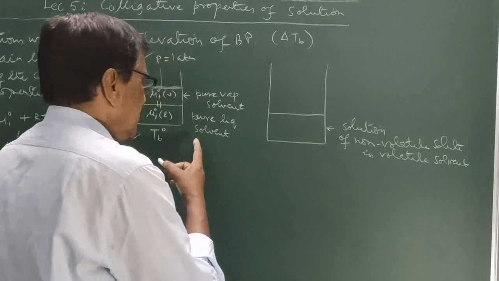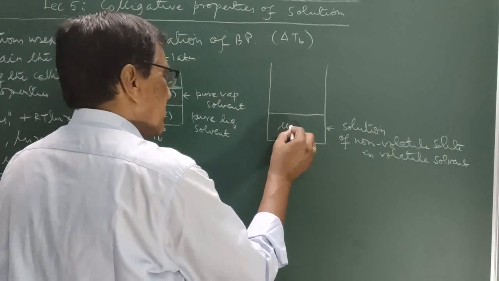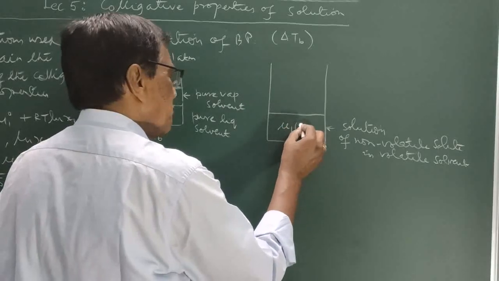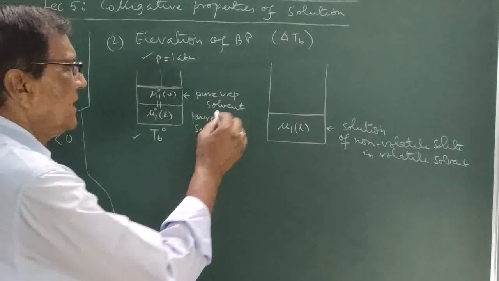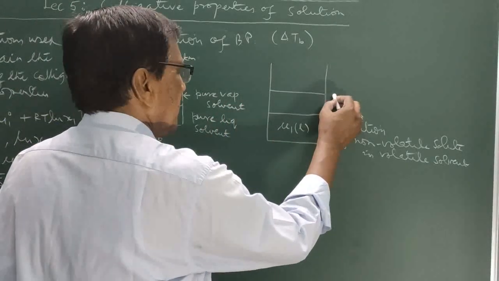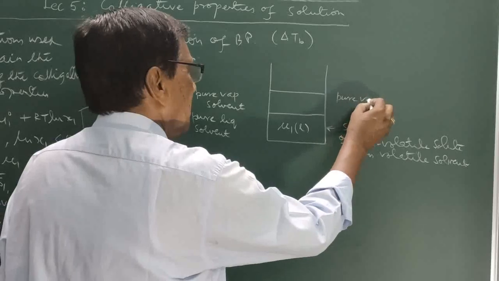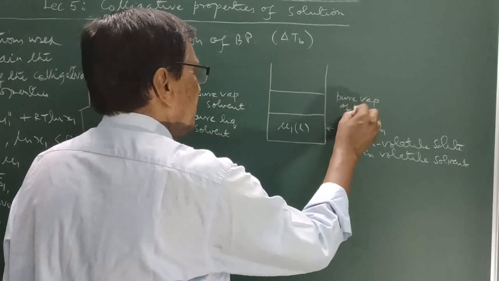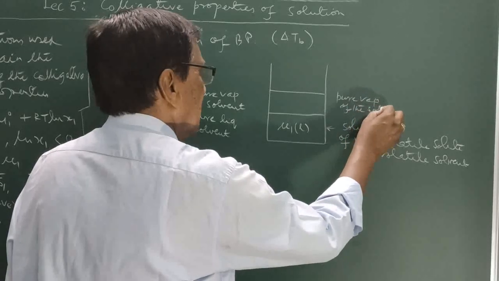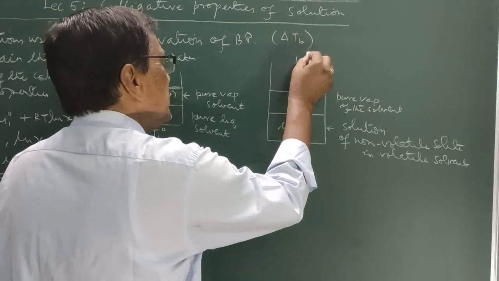When the solute is added, its chemical potential is decreased, and this is, suppose, mu1L. Here is the vapor, the pure vapor of the solvent. Here also the pressure is 1 atmosphere.